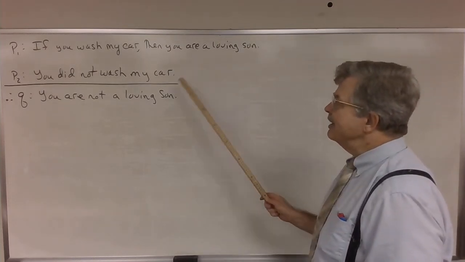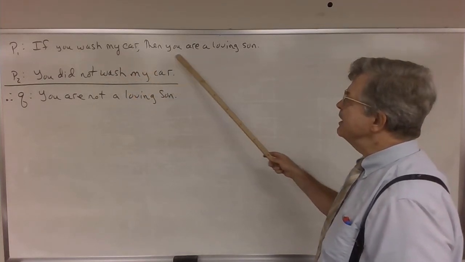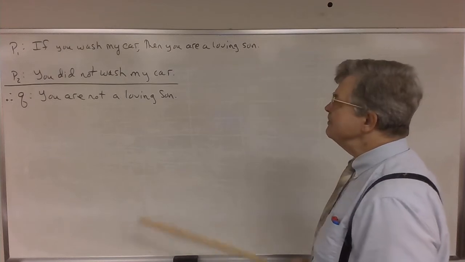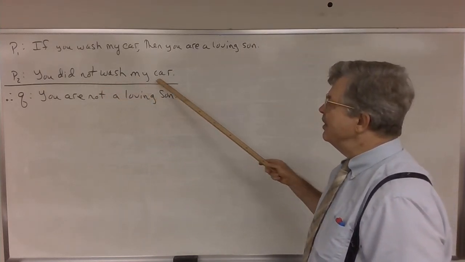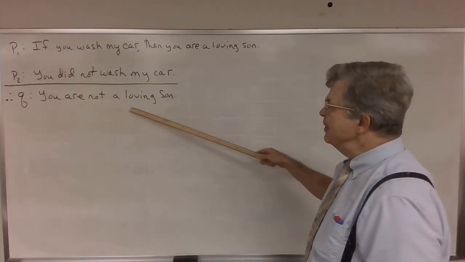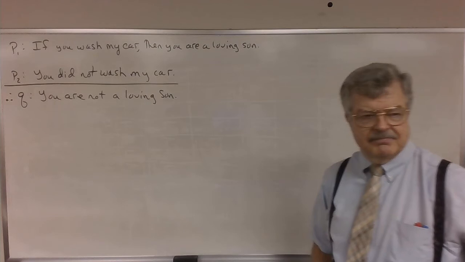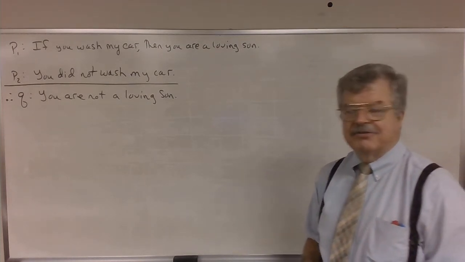So here's our argument. P1 is the premise: if you wash my car, then you are a loving son. P2 is the premise: you did not wash my car. And Q is the conclusion: you are not a loving son. Now, I should identify my simple statements first.